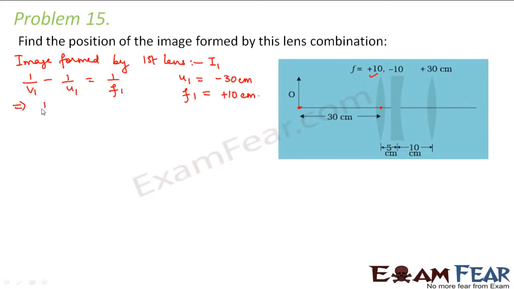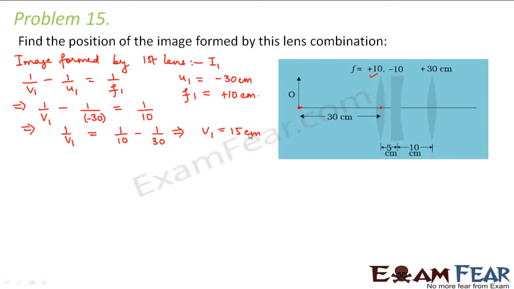So putting these values, 1 by V1 minus 1 by minus 30 is equal to 1 by 10. So we get 1 by V1 is equal to 1 by 10 minus 1 by 30, or V1 is equal to 15 centimeters.